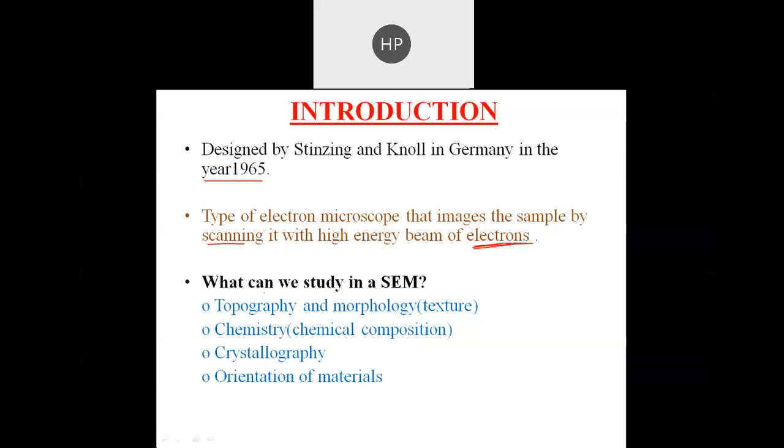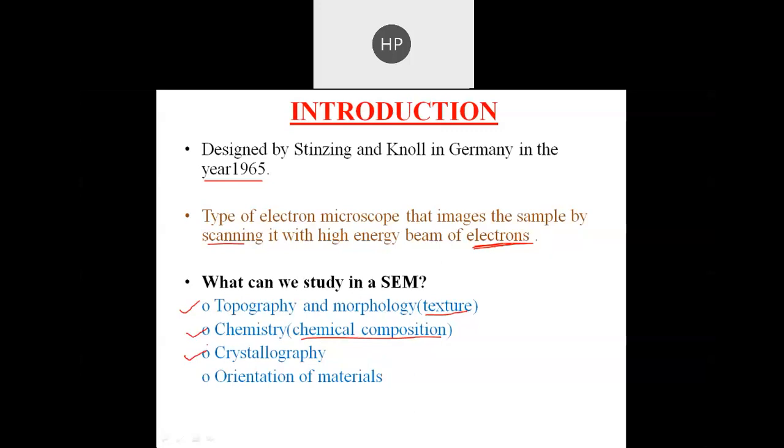Now what can we study in an SEM, or why is this SEM used? This SEM is used to find out the topological and morphology analysis of the material, so from that you can easily find out the texture of the material. By SEM analysis we are able to find out the chemistry of the material, meaning its chemical composition. We are also able to find out the crystallography, meaning crystal structure and its orientation.